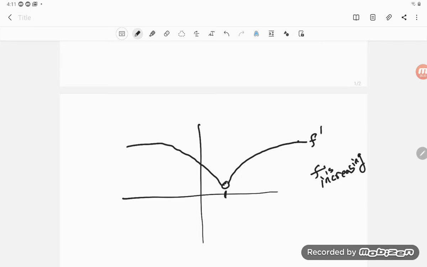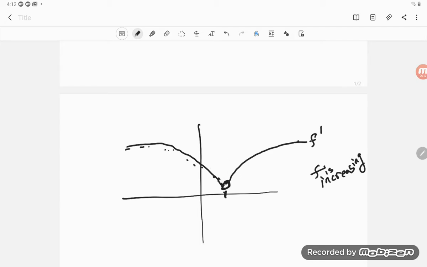Now, but it was undefined right there. And so what could have happened? Well, f prime is a high number and it's getting smaller and smaller. So there were steep positive slopes, but then they're getting smaller and smaller, because the values of f prime are heading towards 0.